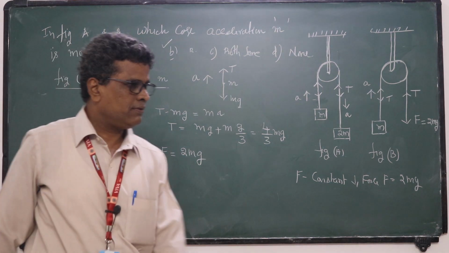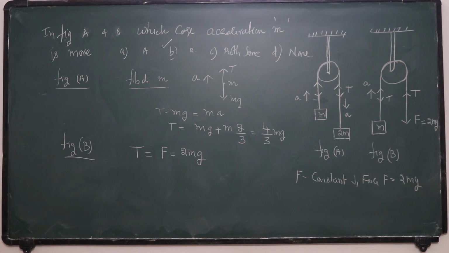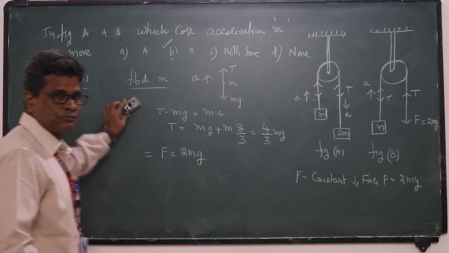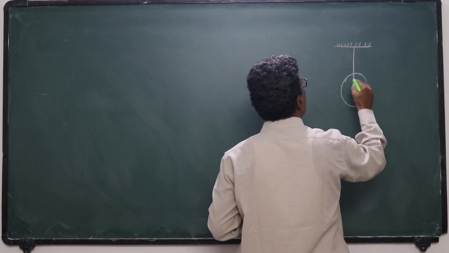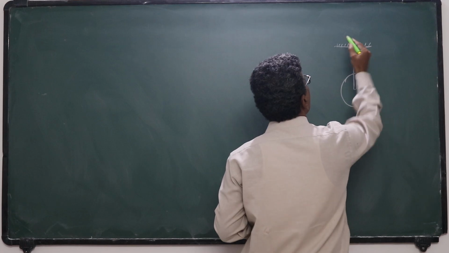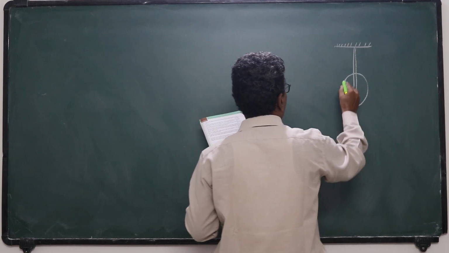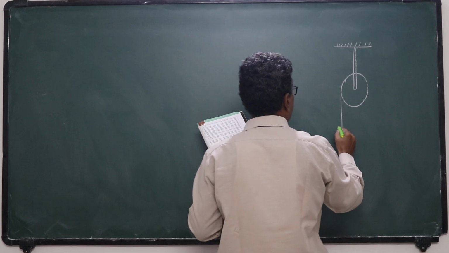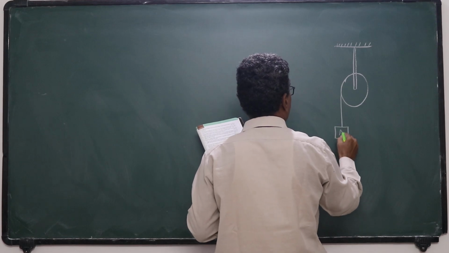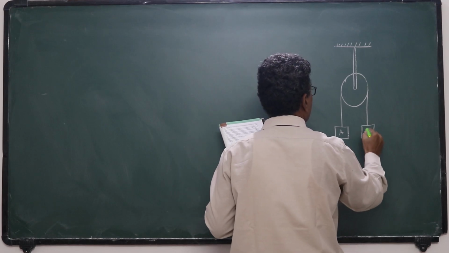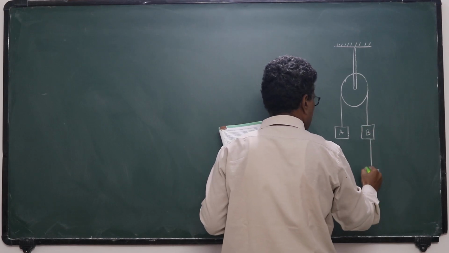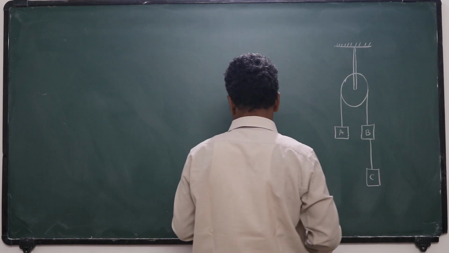Take this example. Next problem. So there is a pulley, and blocks A, B and C connected by strings.